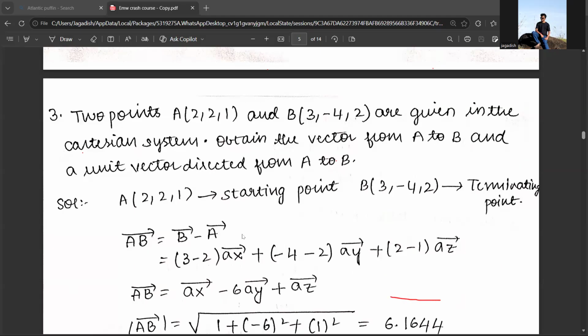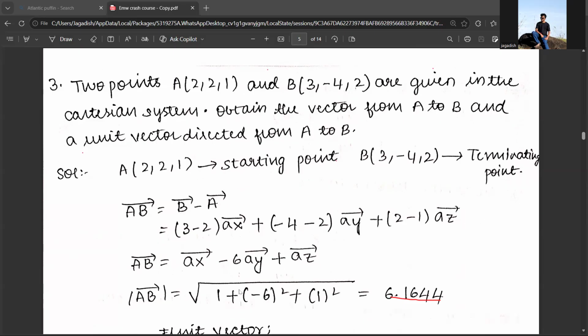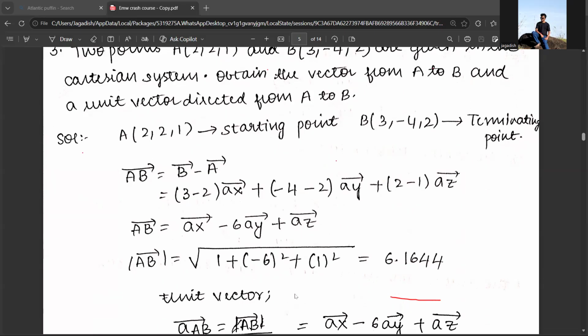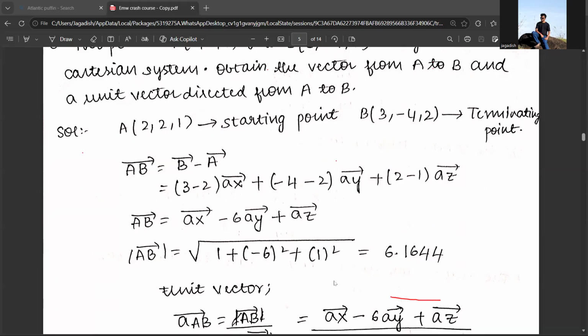So tail minus head. So minus 4 minus 2 plus 2 minus 1 in AZ direction. So 3 minus 2 gives AX, minus 6 AY plus AZ. So under root of 1 squared plus minus 6 the whole squared plus 1 the whole squared. So you will be getting 6.1644.